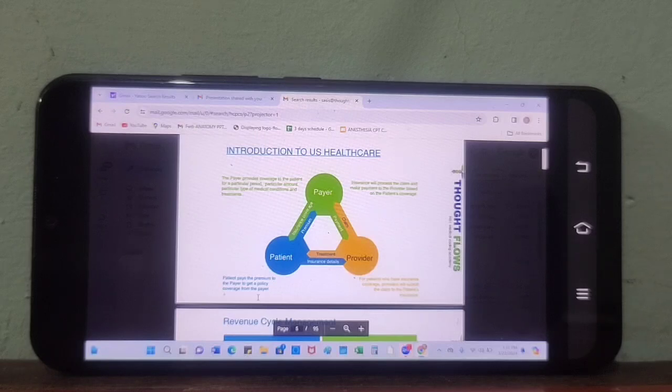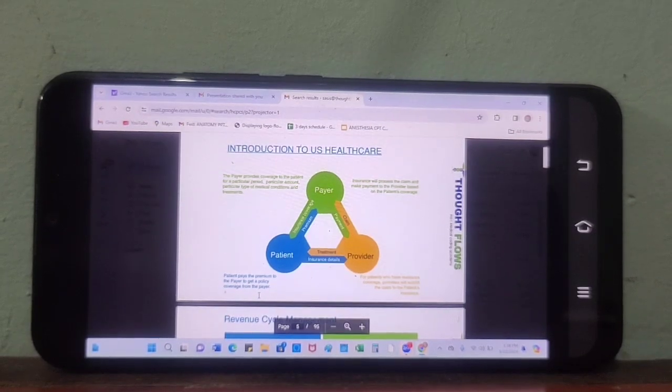Coverage means based on that amount, they will pay for some surgical procedures, for medicine, like that. That is insurance coverage.